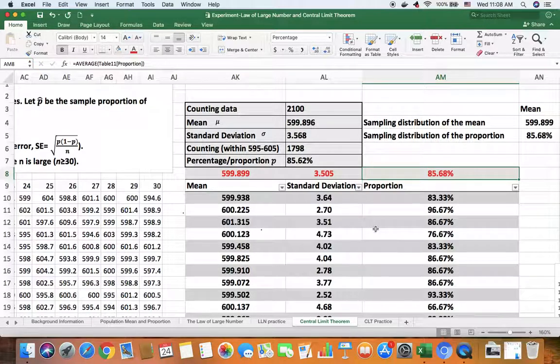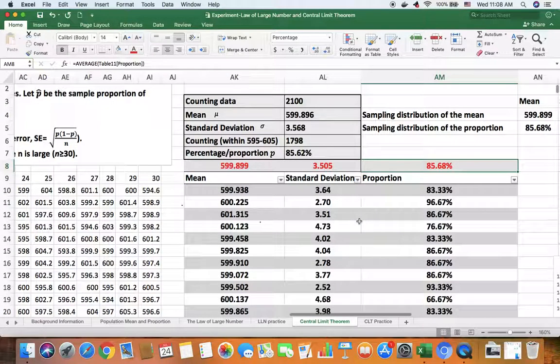But here we only have 1,000 samples. That is why these values are slightly different, but they are very close. Anyway, our conclusion is we can use some samples to estimate the population parameters, or we can use some samples to estimate the truth.